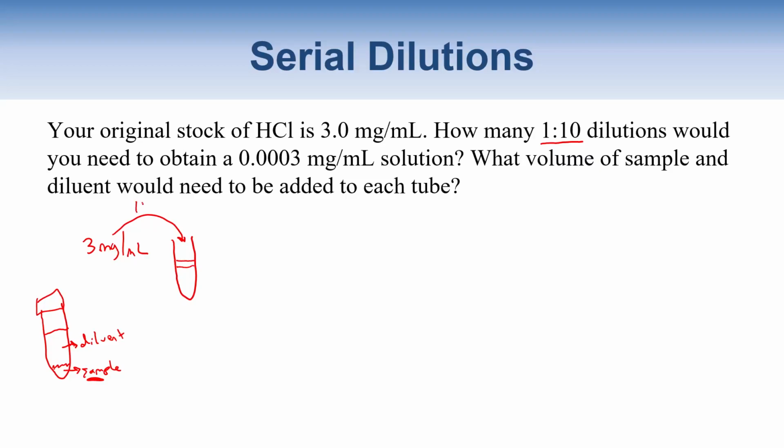A 1 to 10 dilution would divide this by 10. So we would do 3 divided by 10, and in this tube we would have 0.3. Now if we do another 1 in 10, that means we would take 9 mLs plus the mL from the previous. So this is another 1 in 10 dilution.